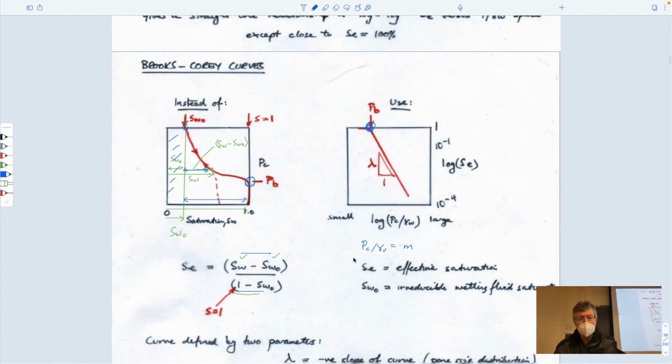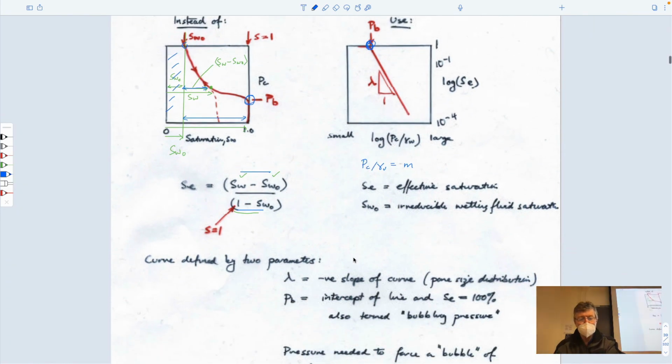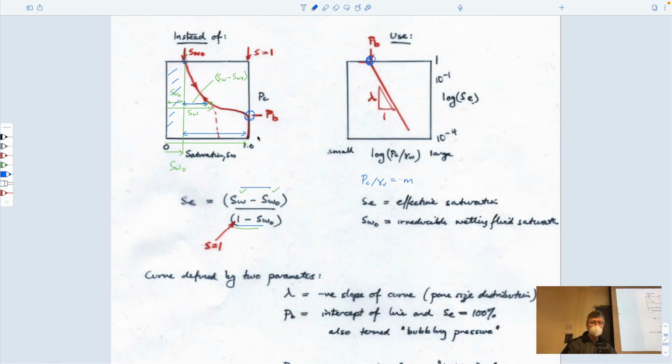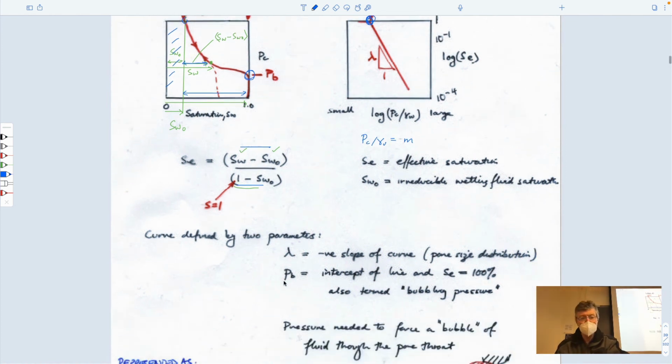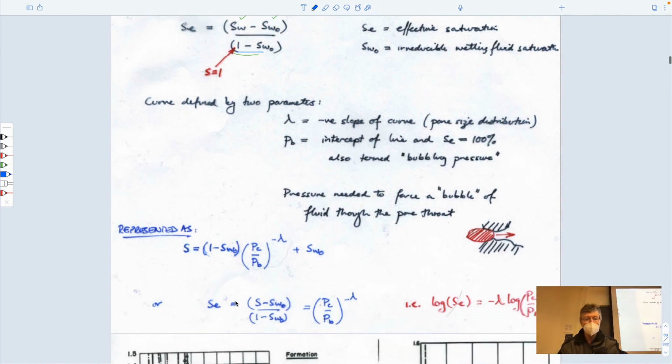I'm not sure we'll use it very much in this class, but it's useful because by making this transformation from a curve to a straight line, we can write the straight line very simply in terms of an equation, and that equation is this. And it says that the effective saturation changes with the pressure divided by the bubbling pressure.